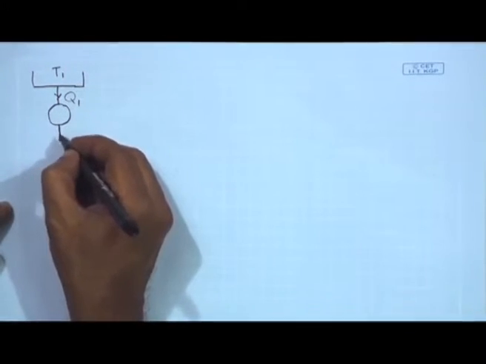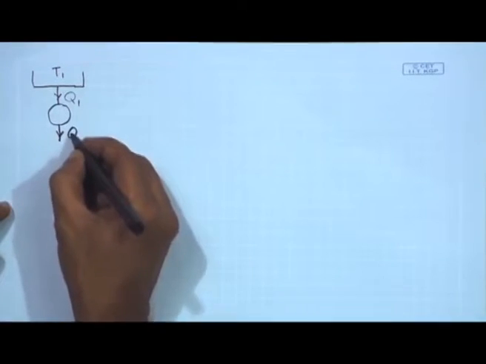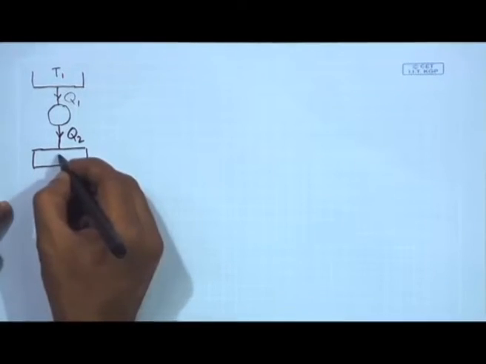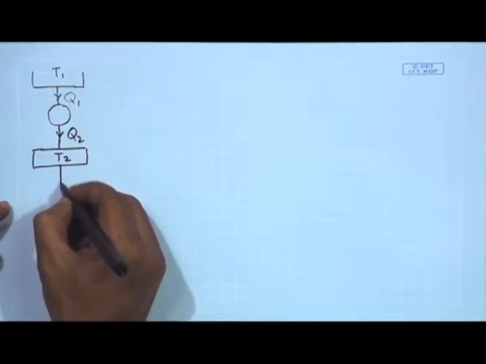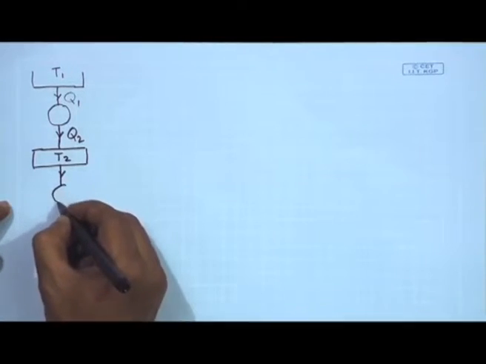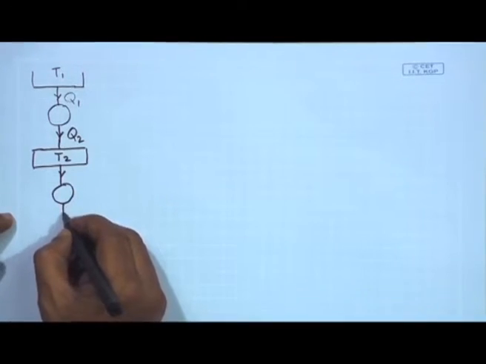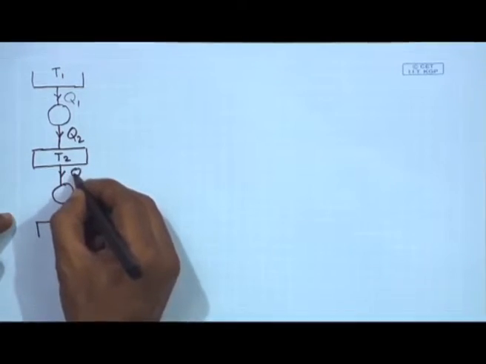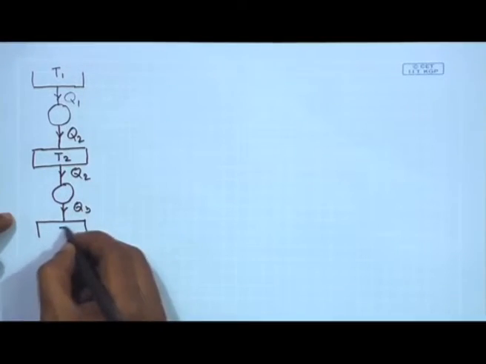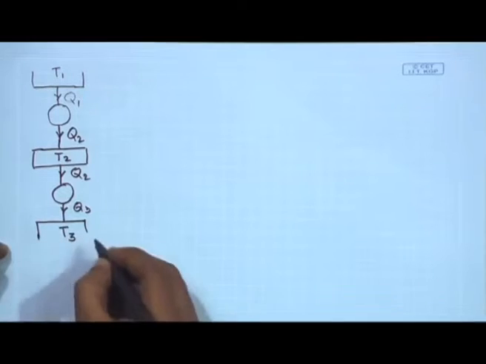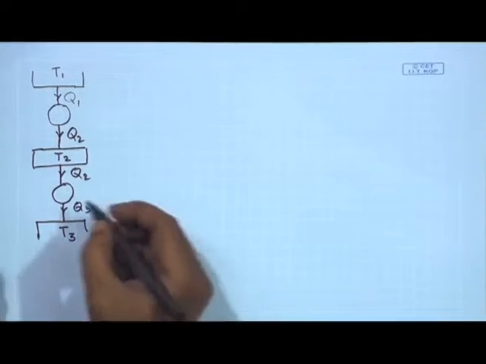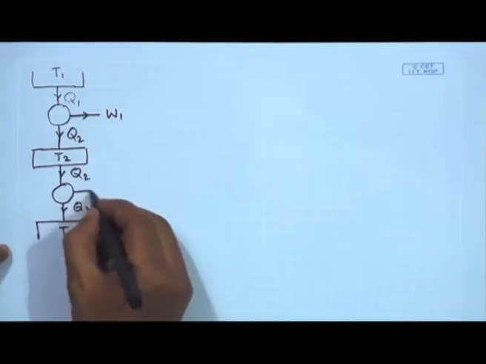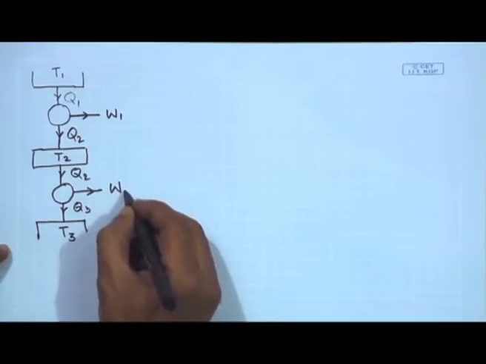Then the topping cycle is rejecting Q2 amount of heat to a reservoir of intermediate temperature T2, and the same heat from the same reservoir is picked up by another cycle, a bottoming cycle, which rejects Q3 amount of heat to the reservoir at the lowest temperature, T3. The first heat engine does a work of W1, the second heat engine does a work of W2.